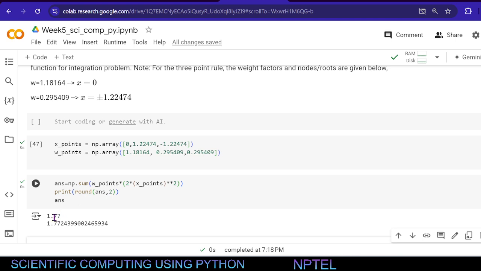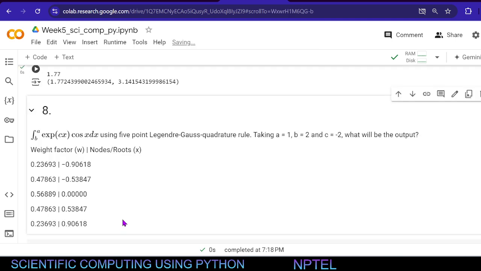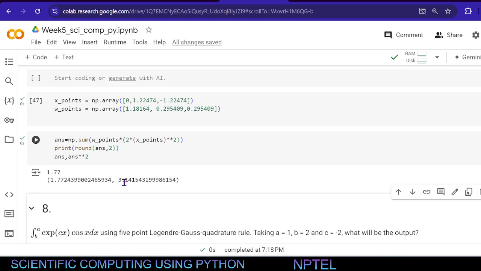If we don't round off, it's something like this, which might or might not be familiar to you. So let me print the square of the answer, and it's 3.1415, which is very familiar to all of us, right? It's pi, which means the answer is going to be the square root of pi.